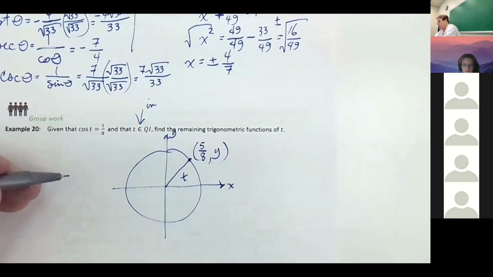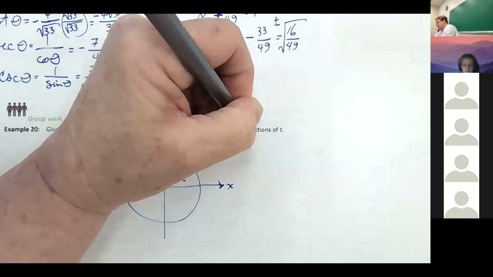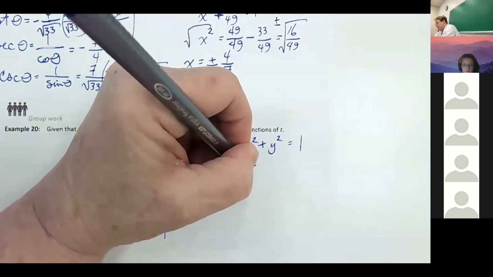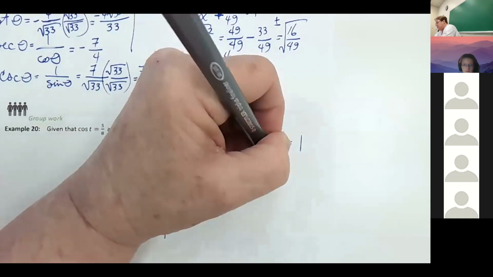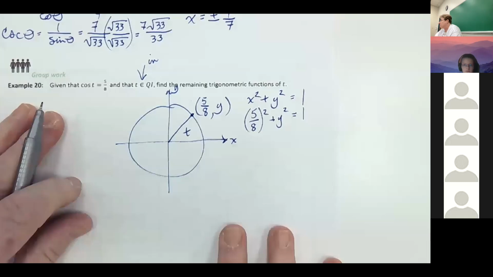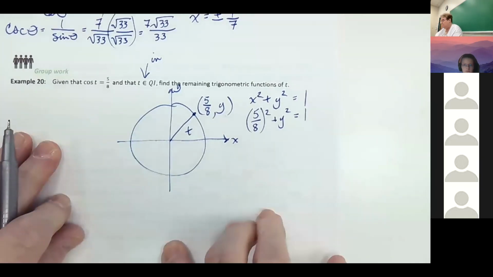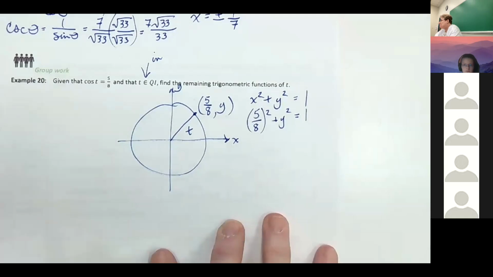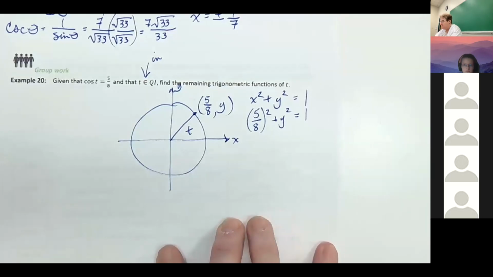X squared plus y squared. Excellent, excellent. So we have 5/8 squared plus y squared is 1. What is 5/8 squared?